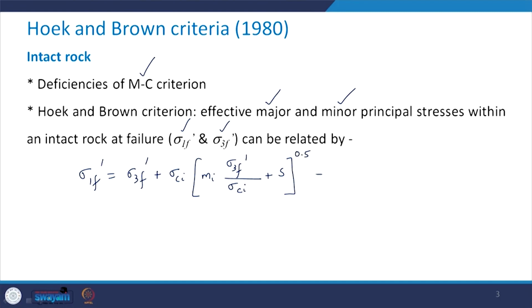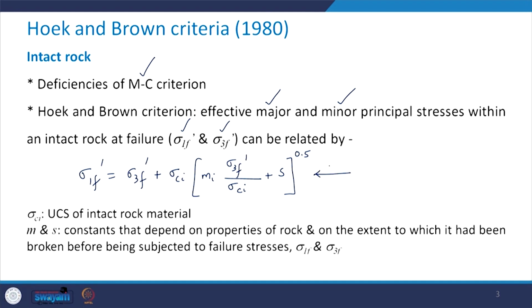So, this is the equation for Hoek and Brown criterion, where sigma ci is the UCS of the intact rock material, m and s are the constants that depend on the properties of rock and also on the extent to which it had been broken before being subjected to failure stresses, which are sigma 1f and sigma 3f.